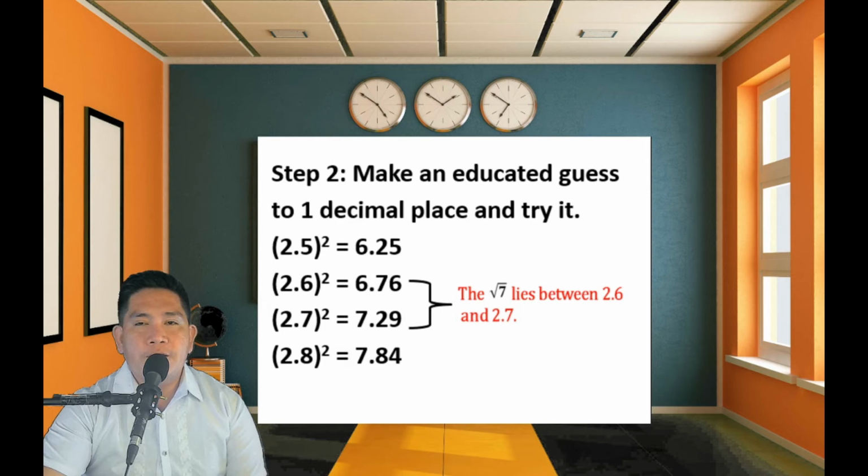You notice that the square root of 7 lies between 2.6 and 2.7. Take note, squaring 2.1, 2.2, 2.3, and 2.4 is not necessary since square root of 7 is closest to 3.